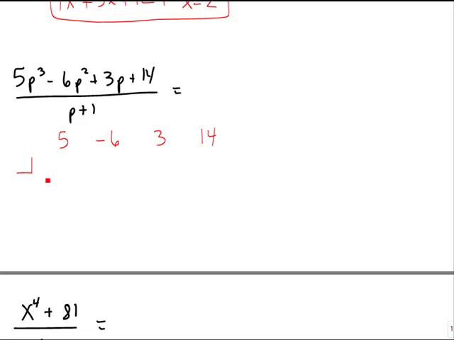In the little box off to the side, you're going to be putting the number that you want to divide by, and that should be wherever this linear polynomial equals 0. And where does p plus 1 equal 0? When p is -1. Remember, it's just the opposite sign. So if this is a +1, we're going to see a little -1 in that box.